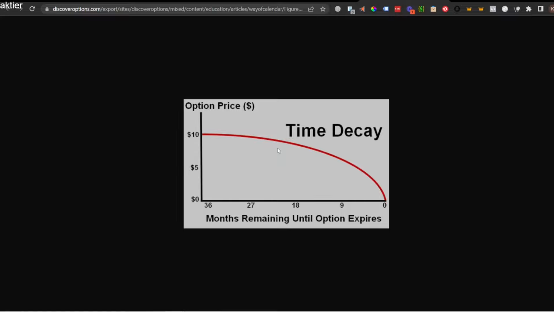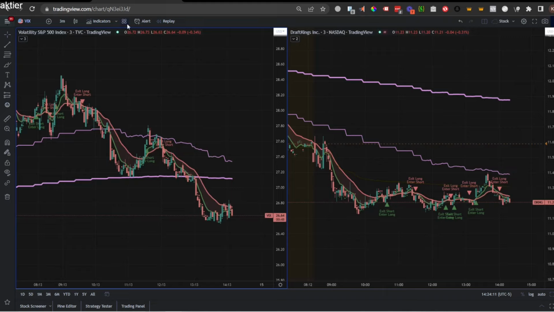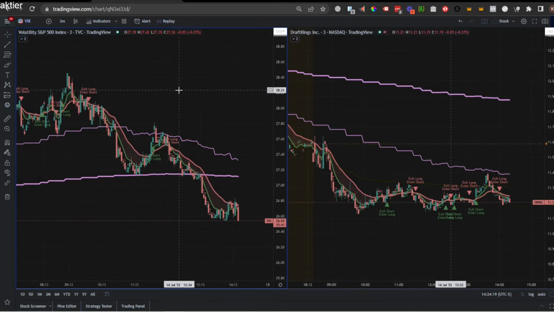So you want to be a seller of an option, not a buyer of an option. Let me show you something here. Let's say you sell an option at 28.22, just for having a price. Someone buys your option. But as long as the stock stays under the strike price, you will make money at the end.